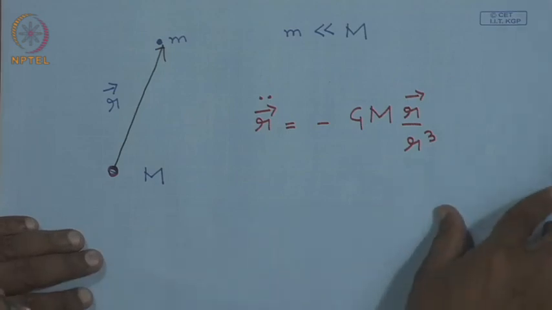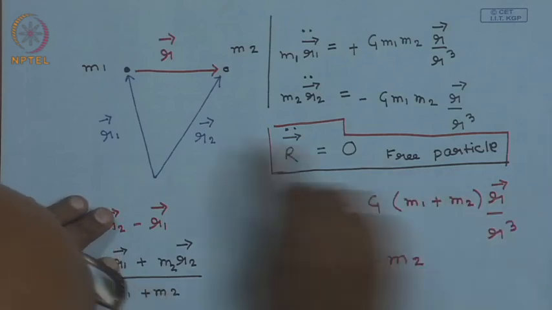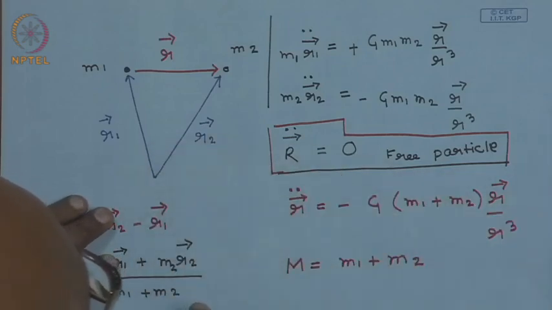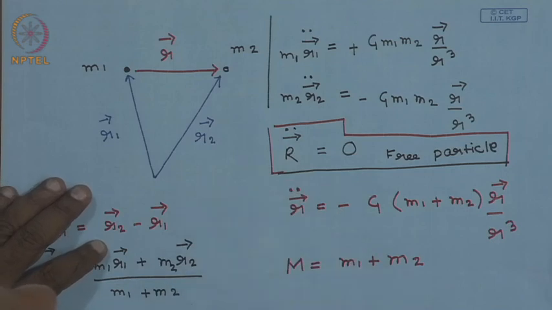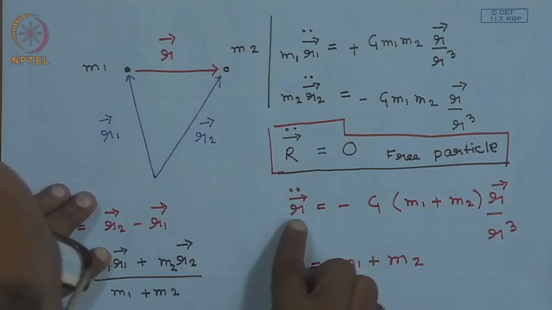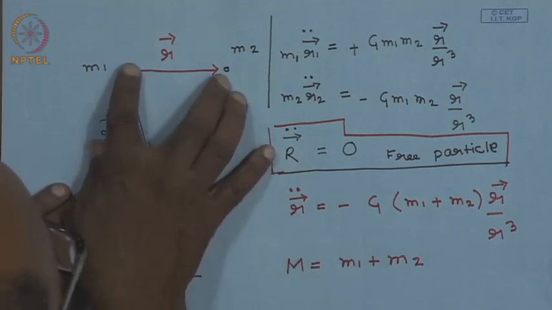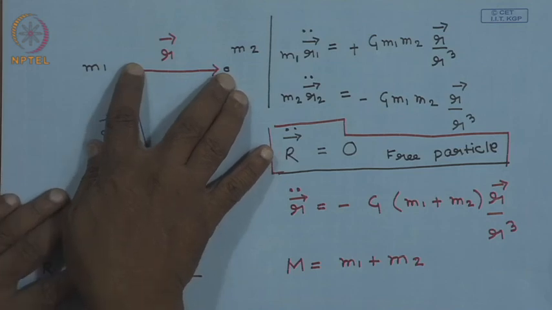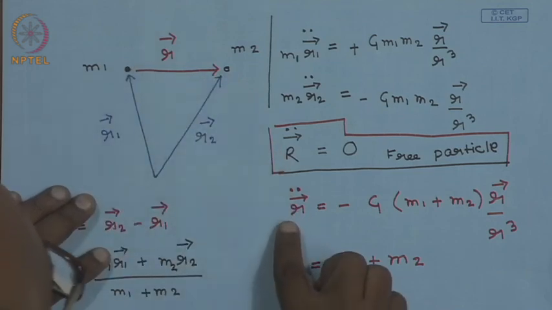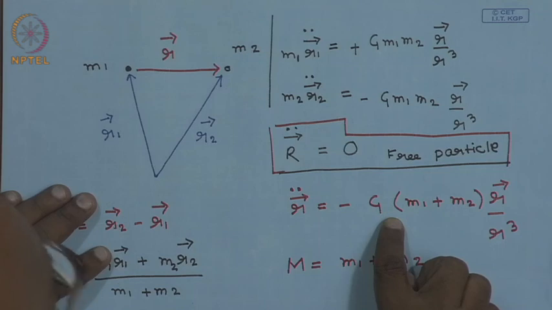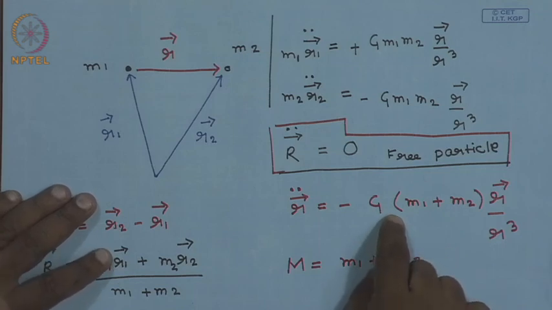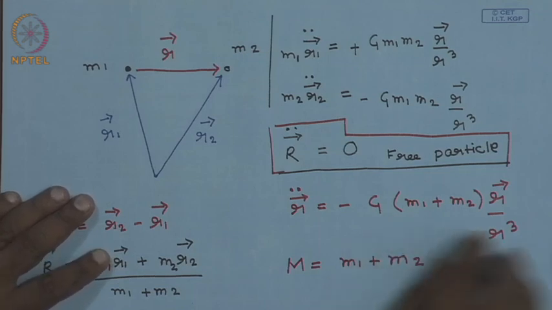So, the two body problem of a binary system can be reduced to a one body problem if we go to the center of mass frame of reference, and the relative displacement between these two particles behaves in exactly the same way as a test particle in the gravitational field of a much more massive object. That is the first thing.